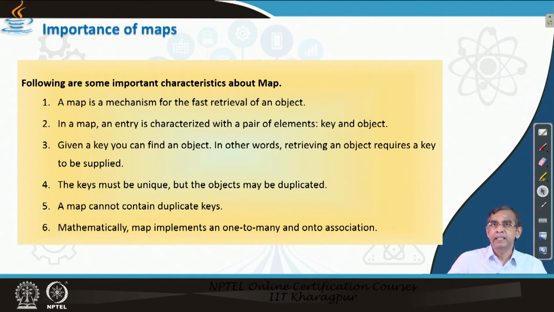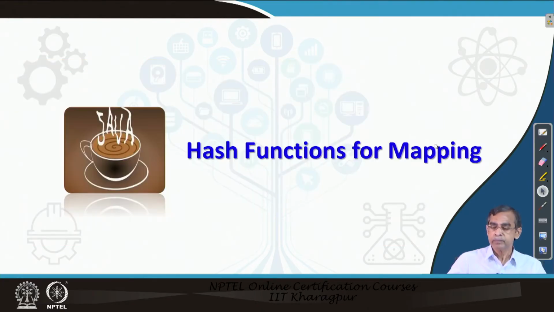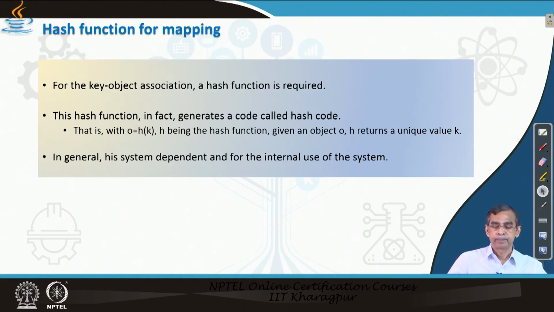Mathematically, the mapping which we are going to use is a one-to-one and onto mapping, called the association. Now let us come to the concept of hashing as a mapping function.